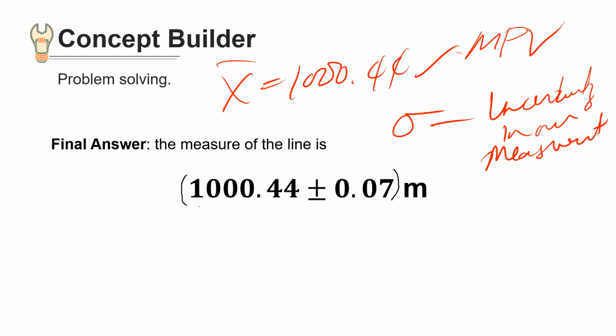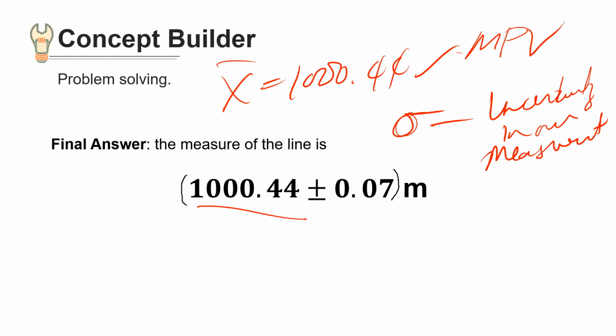Because we are not sure whether 1,000.44 is the true value, we have doubt. Therefore, we need to express that doubt in order to estimate the error in our measurement. So our uncertainty is our standard deviation, which here is 0.07. The standard deviation is the expression of our error.